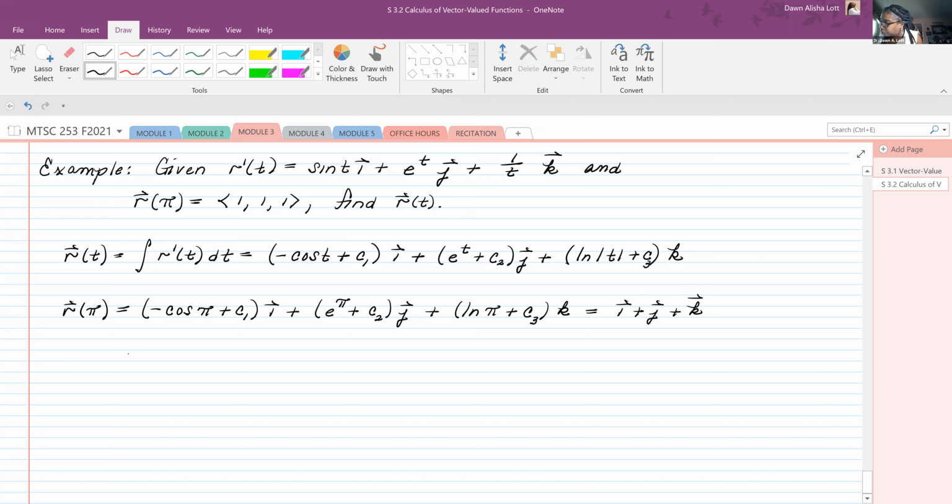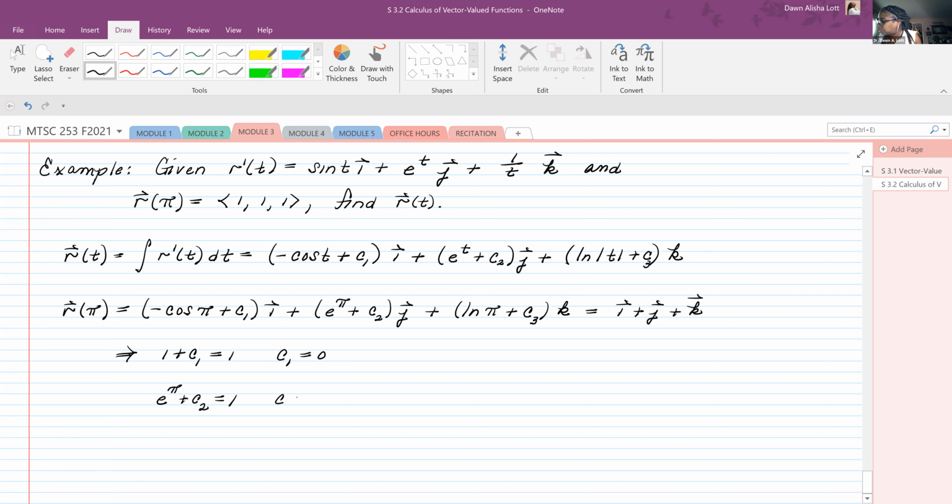So that implies that negative cosine of pi, that's just 1. So 1 plus C1 is equal to 1. So C1 is 0. E to the pi plus C2 is equal to 1.